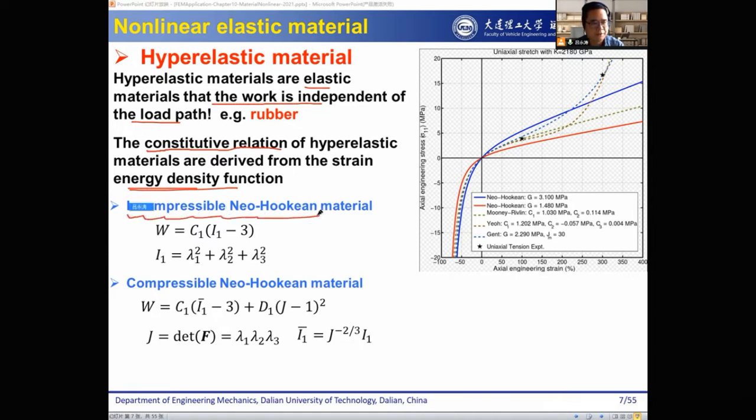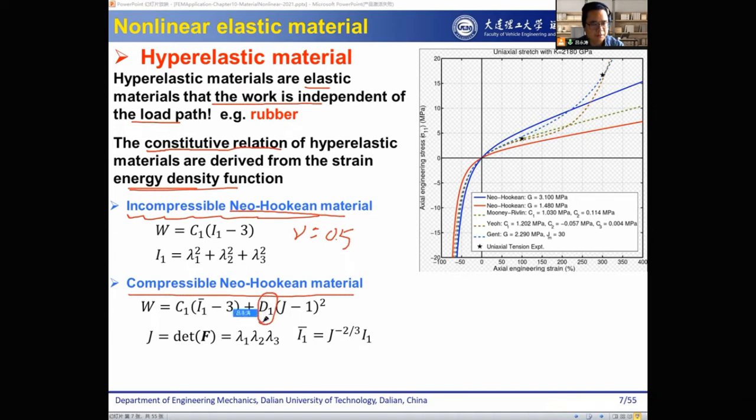The first is the incompressible neo-Hookean material. The incompressible neo-Hookean material is a type of hyperelastic material. The second is the compressible neo-Hookean material. Incompressible means the Poisson ratio equals or is approximately equal to 0.5. And this is compressible, and the compressibility is controlled by this parameter.